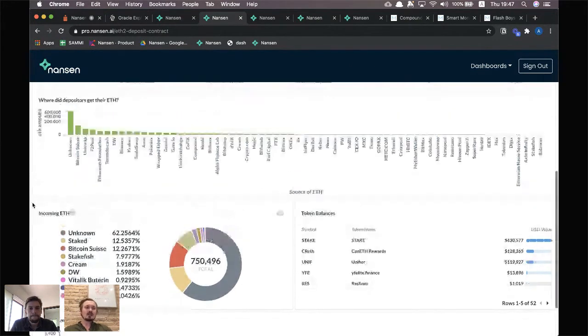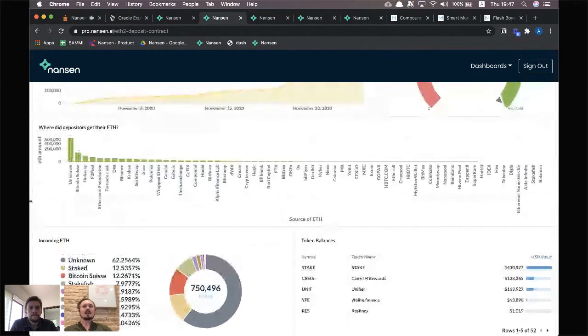You can also take one step back and say, if you look at the depositors, where did the depositors get their ETH from? And that's what this chart up here shows. Most of them got their ether from unknown entities, which is what you would expect.